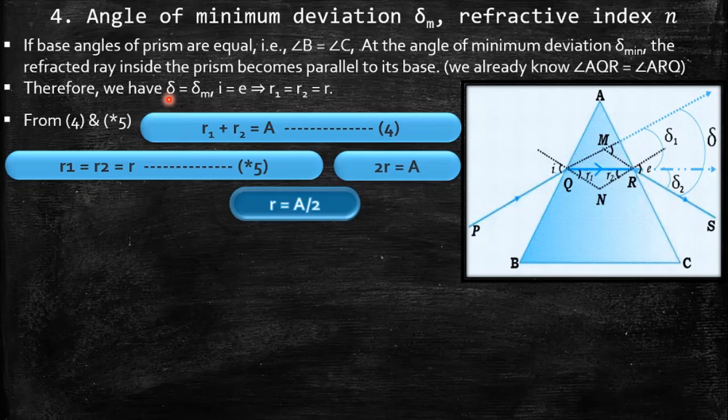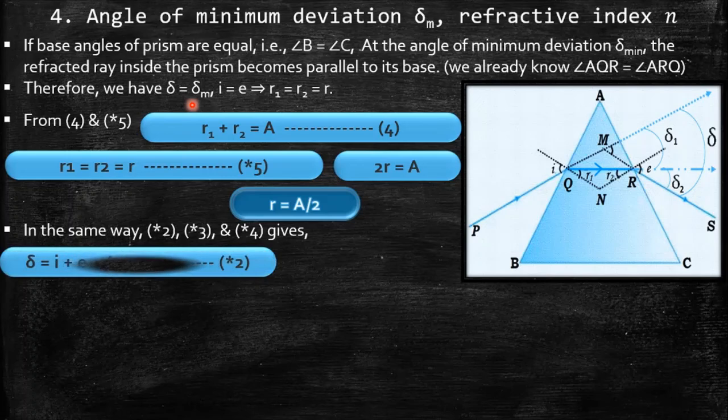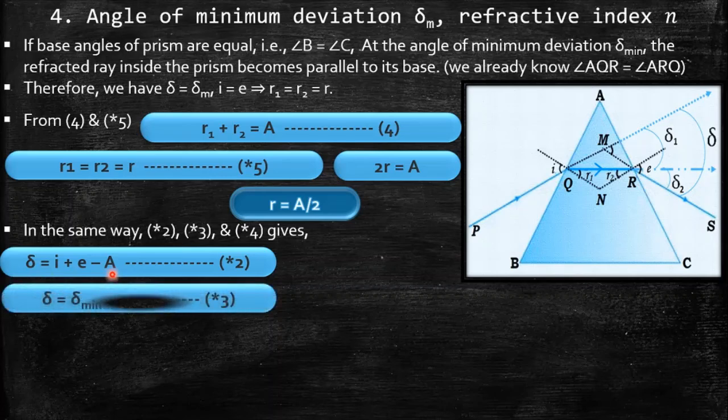But over here this time we have to put delta as delta M, I as E, right? So let's try to see what exactly this gives us. Now, from equation star 2, star 3 and star 4, we have, remember this was star 2, delta was equal to I plus E minus A, and star 3 was delta being delta minimum.